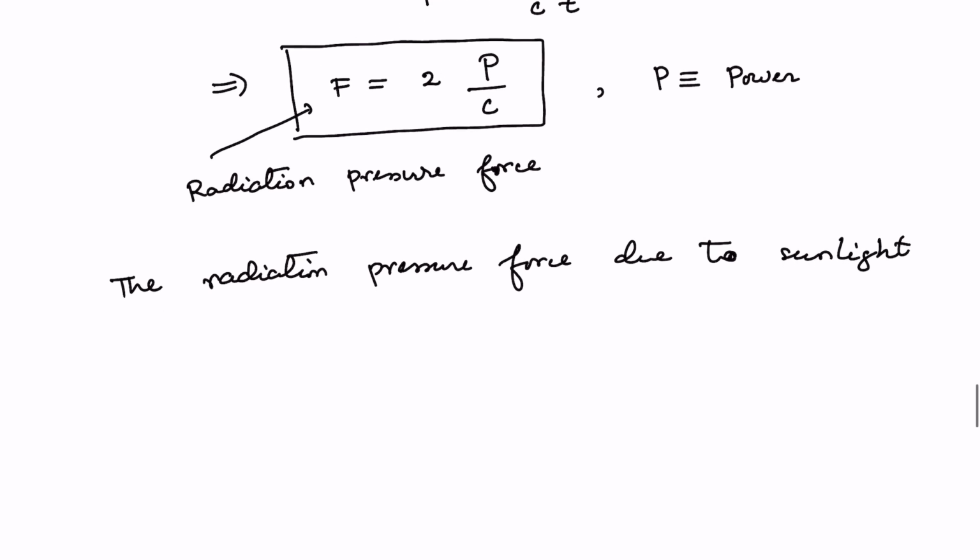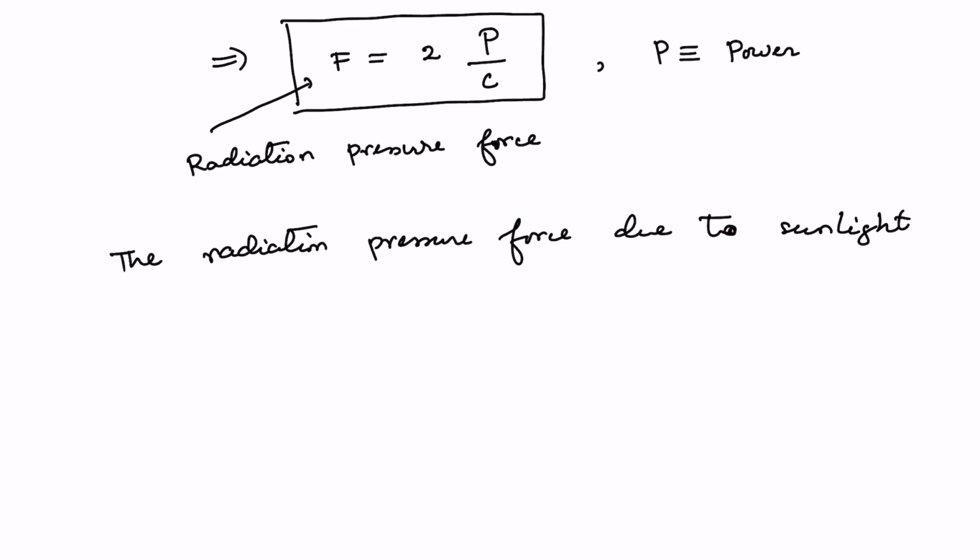Sunlight has a wavelength you can consider to be around 400 nanometer, and the pressure force is calculated to be very tiny, on the order of 10 to the power minus 5 Newton. So as you can see, it is an extremely small force, and this is the reason why in general we don't feel this particular force if we stand in the sunlight, right?